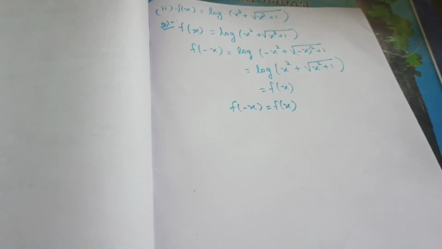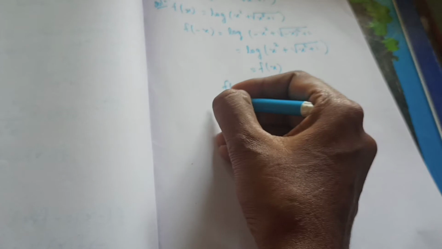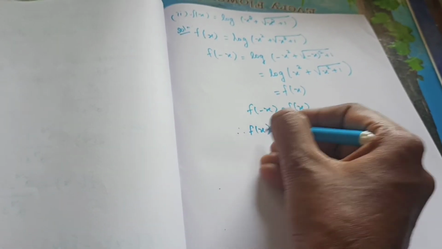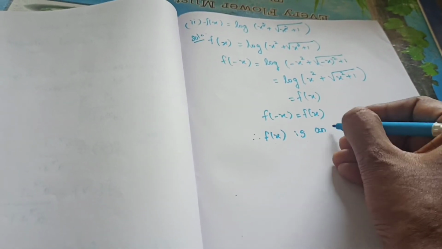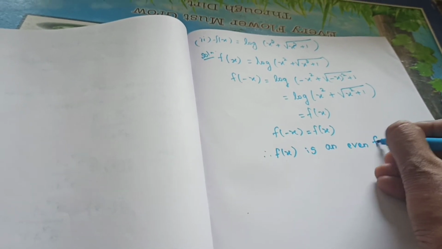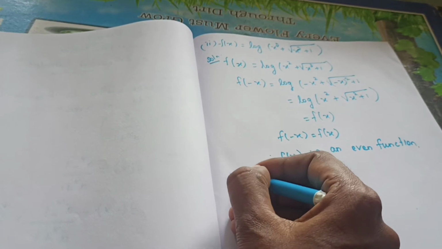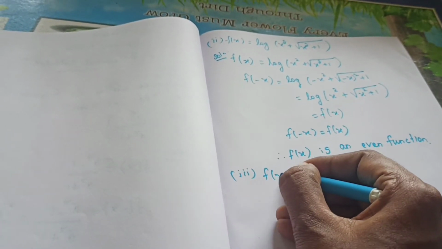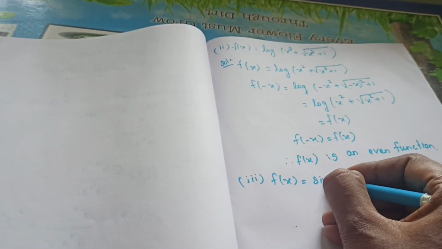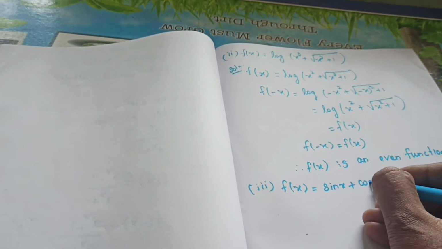So it's an odd function or even function? It's an even function, correct? Therefore f of x is an even function.